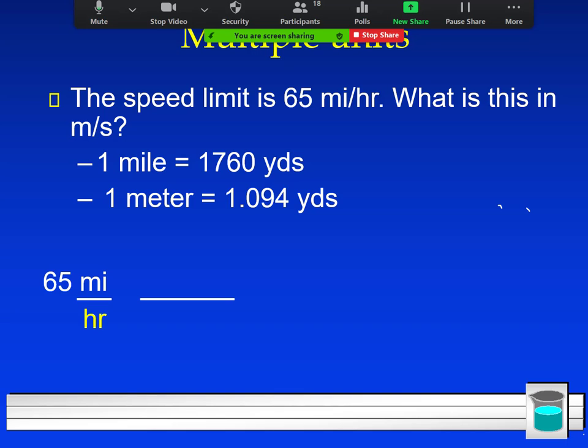Okay, so my first conversion factor has got to get rid of something. It can either get rid of miles or it can get rid of hours. You can't change both at the same time. So it doesn't matter which one you pick. The answer will be the same either way. I tend to pick the top to start with. So I put miles on the bottom, and what do I know about miles? I know a mile is 1,760 yards.